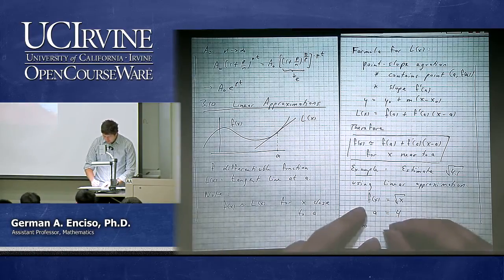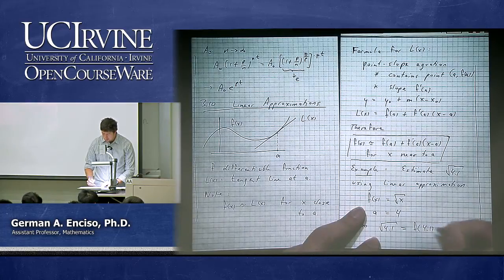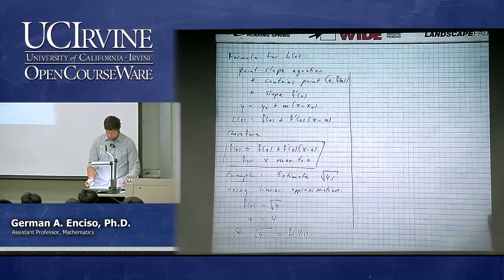So what we want to compute, the square root of 4.1, is nothing other than f of 4.1.